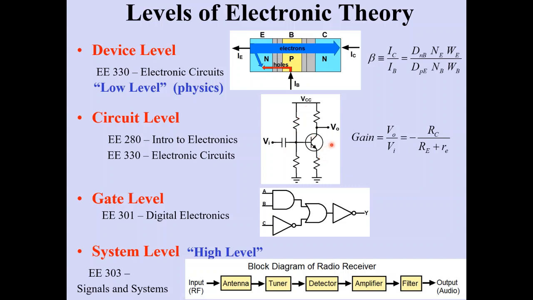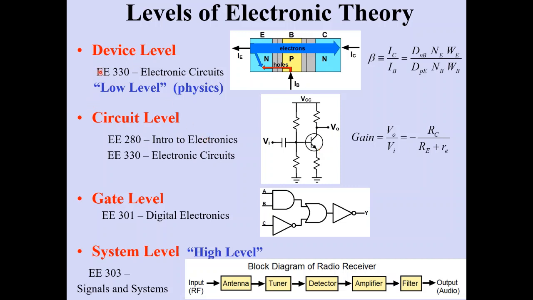And this is a schematic diagram of a basic amplifier circuit where the gain of the amplifier is defined as the output voltage taken here divided by the amplitude of the input voltage taken here. And there's a formula that can be derived to calculate that gain, which is based on the various external and internal resistances of the circuit.